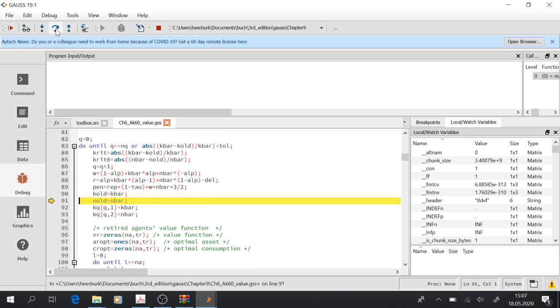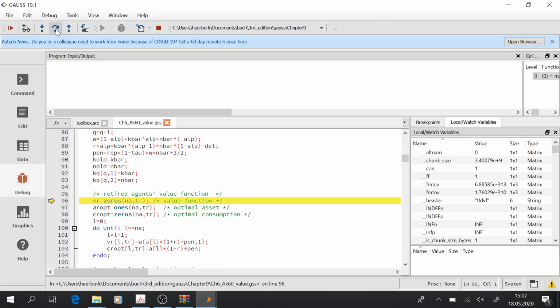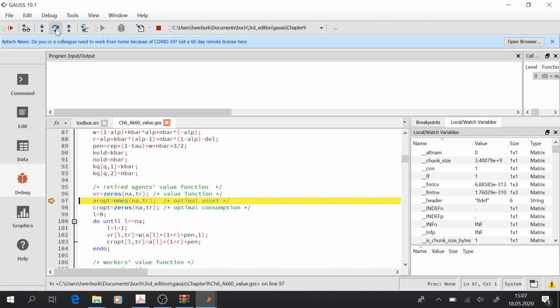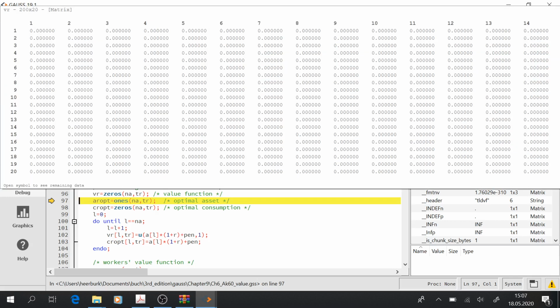And now comes the big step, the complicated step, to compute the optimal individual policy functions. Therefore, we set up the policy functions and the value functions. We store them at our asset grid. So for the retired agent, we store the value function over 20 periods at 200 grid points.